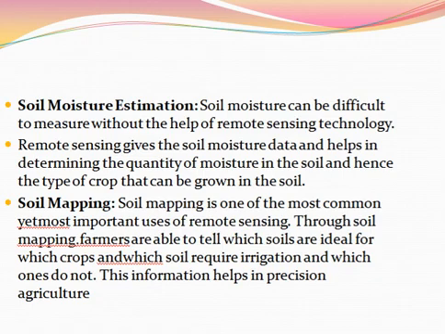Then soil mapping. Soil mapping is one of the most common yet most important uses of remote sensing. Through soil mapping, farmers are able to tell which soils are ideal for which crops and which soils require irrigation and which do not. This information helps in precision agriculture farming.